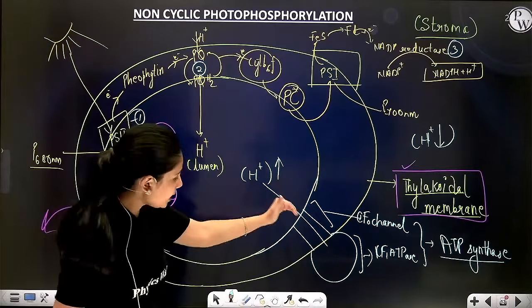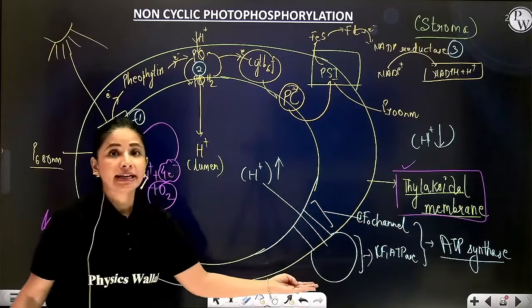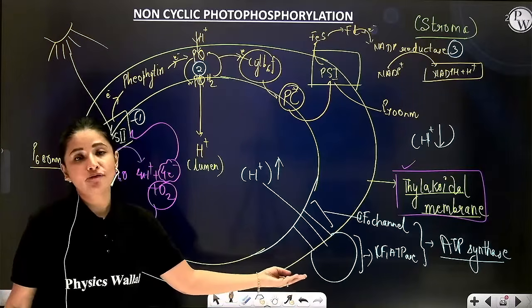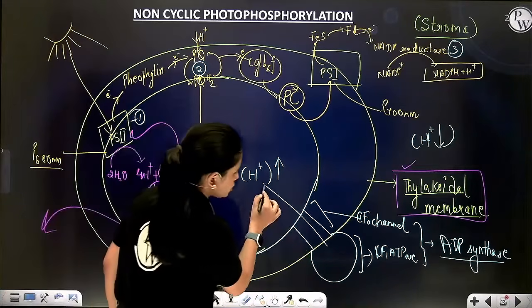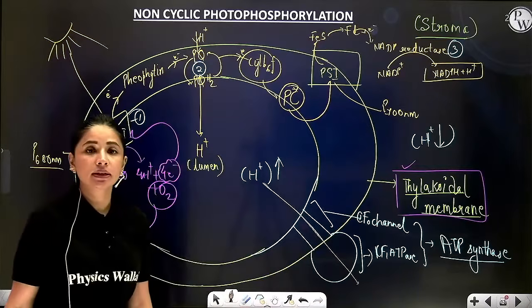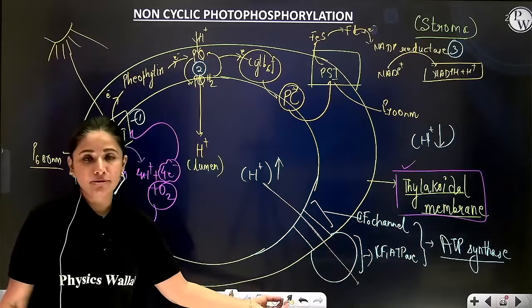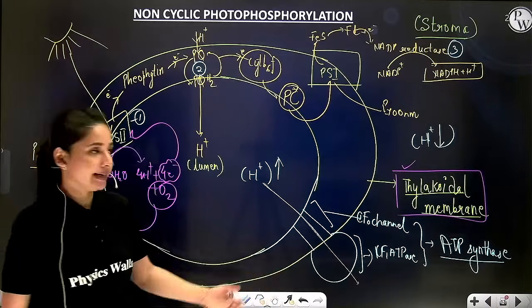While they are crossing, they come in contact with the next component of ATP synthase. Correct? Now, protons will come out, and once they come in contact with the second component of ATP synthase, this F1 ATPase is going to initiate phosphorylation.